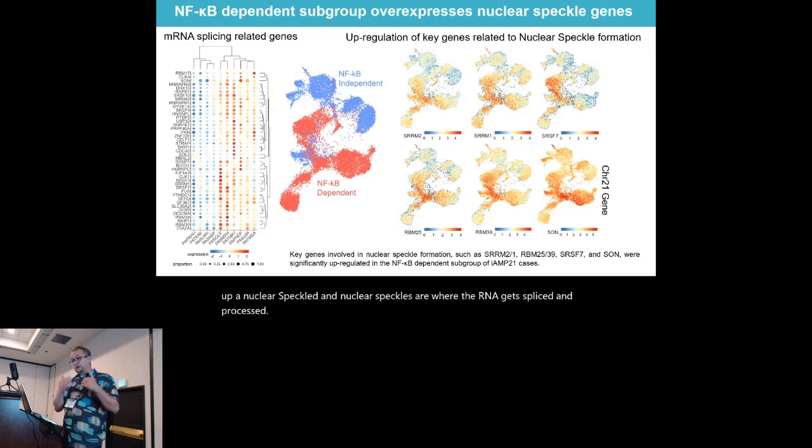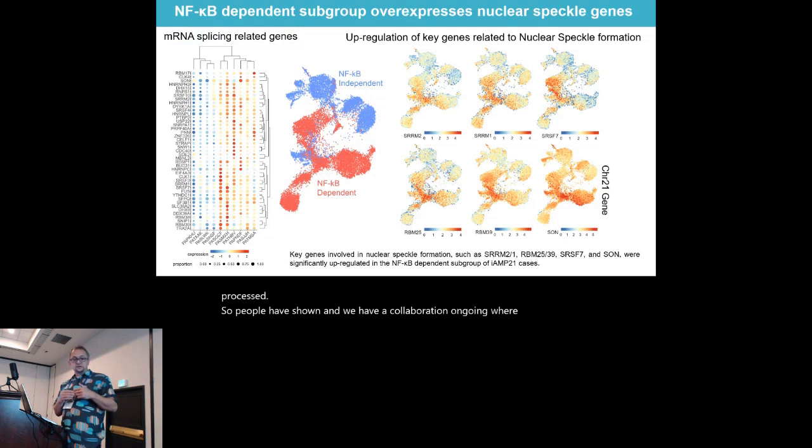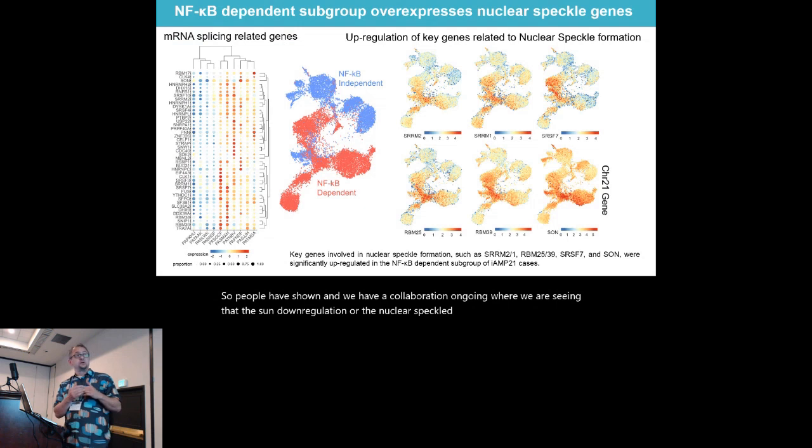So people have shown, and we have a collaboration ongoing where we are seeing, that SON downregulation, or nuclear speckle component downregulation and disruption, has huge impacts on the splicing landscape. Here also we are seeing that it's the other way around. Overexpression of these proteins also has quite a lot of impact on the splicing landscape.